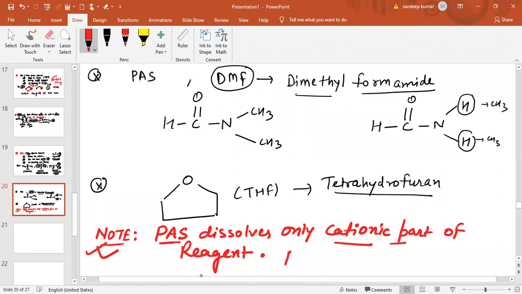Like the reagent is like this, electrophile and nucleophile. This is the positive part, this is the negative part. So a polar aprotic solvent will dissolve only the cationic part, so the nucleophilic part will be free. This is basically the difference between the solvents.